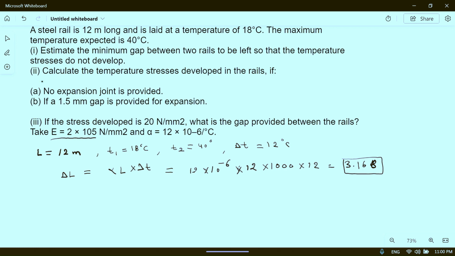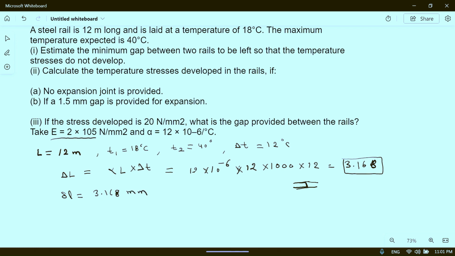Now we will see the second part. Calculate the thermal stresses developed in the rails if, first condition, no expansion joint is provided. No expansion joint means expansion is not allowed, two rails are face to face, so it will try to expand but it cannot, so it will develop stresses. So what is the value of delta L? 3.168 mm.